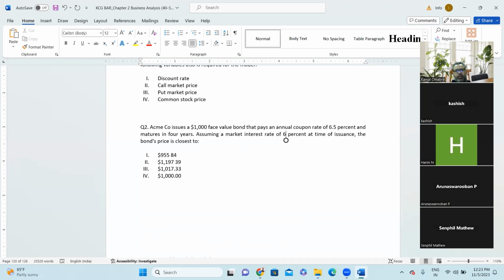Once again, the bond has 1000 face value and pays an annual coupon of 6.5%. That is $65 is the interest we are paying, and it matures in 4 years. Sir, 1083, so now we will divide by 4. 1083 minus 1000 divided by 4.